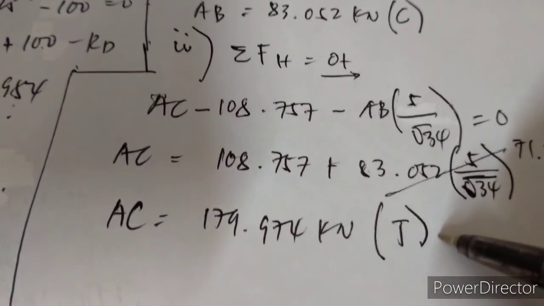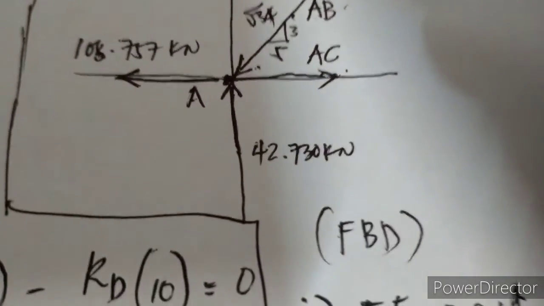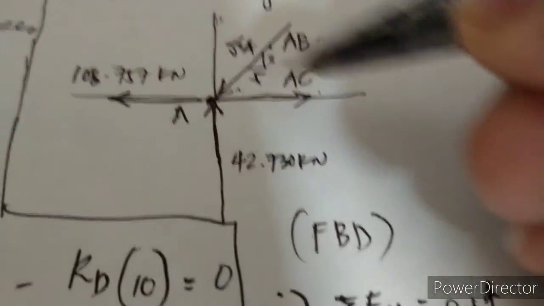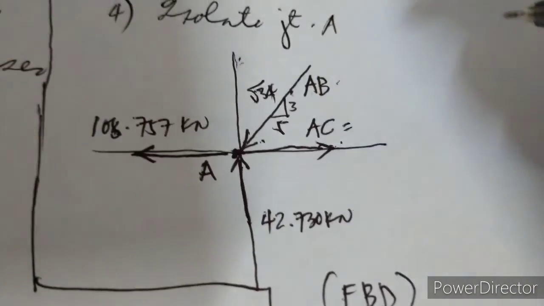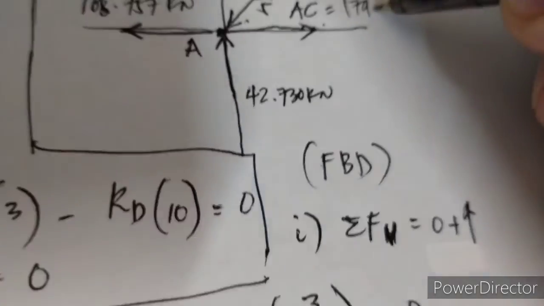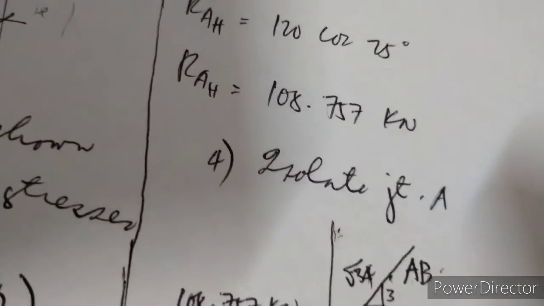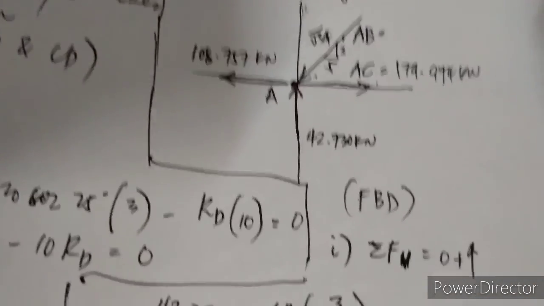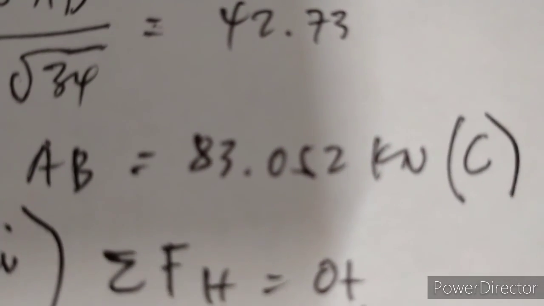We have AC in tension, so we go back to the free body diagram of joint A. We already have a value for AC, which is 179.974 kilonewtons, and for AB we previously computed 83.052 kilonewtons.